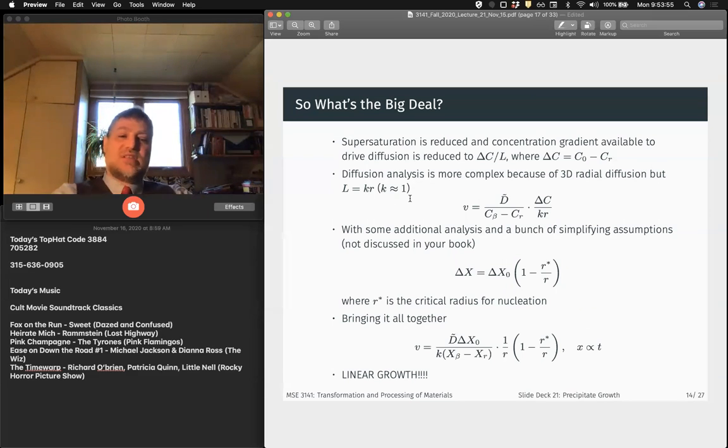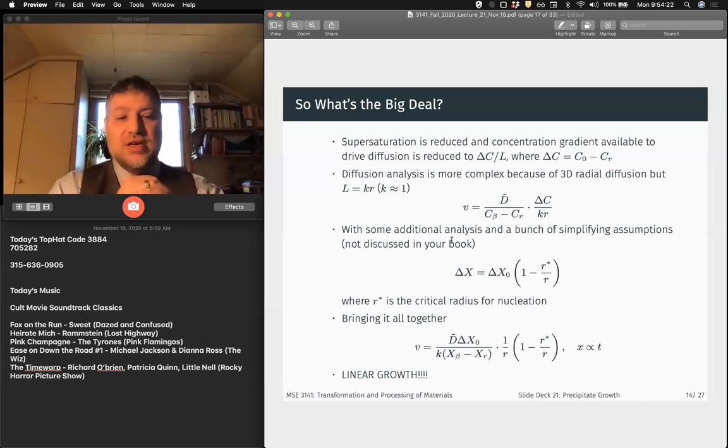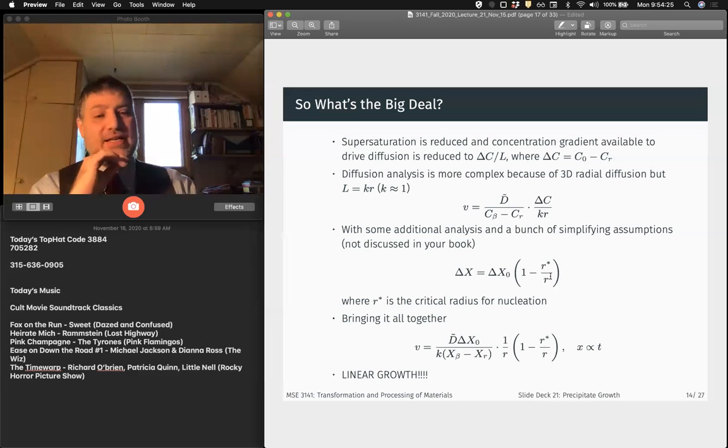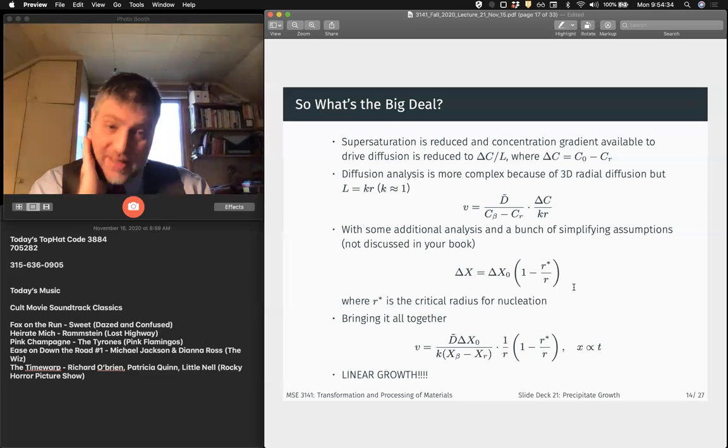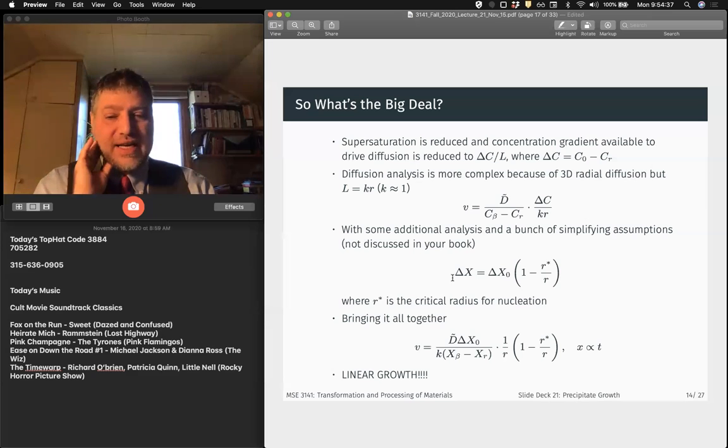It's a little less than 1 usually, but depending on the exact geometry, right? But it depends, the radius factors in there. Okay. We can add a whole bunch of other simplifying assumptions, some additional analysis. Your book gives the ultimate cop-out and just says it can be shown, right? Which is keywords for the math gets really nasty, right? And it's definitely beyond what we need to do for this class.